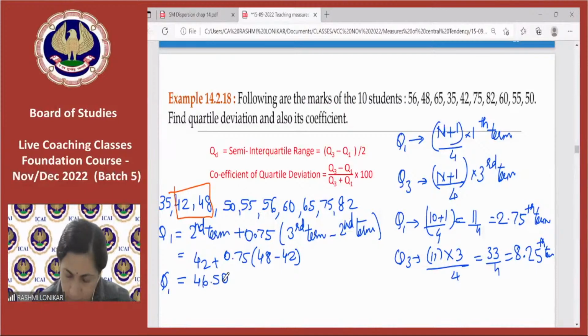Others, please confirm. Yes, because Q1 is lying after the second term, but before the third term. That is why we take it between the second and the third term, because it is 2.75. The value is somewhere after the second term, but before the third term. It is neither 3 nor 2. It's a positional measure.